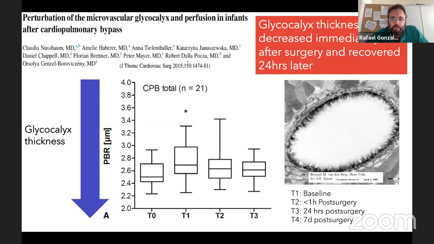In the first of the papers that I have mentioned, from the group of Claudia Nussbaum in Germany, they show how the thickness of the glycocalyx, this hairy layer, was decreased immediately after surgery, at the T1 time point.